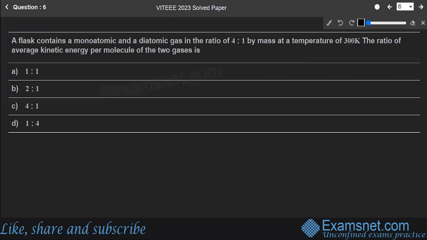Question number 6. A flask contains a monoatomic and a diatomic gas in the ratio 4:1 by mass at the temperature 300 Kelvin. The ratio of average kinetic energy per molecule of the two gases is.